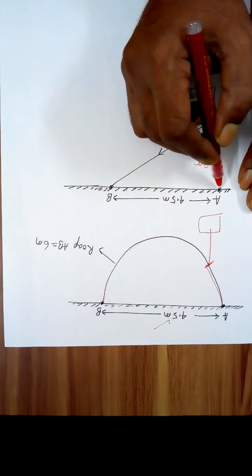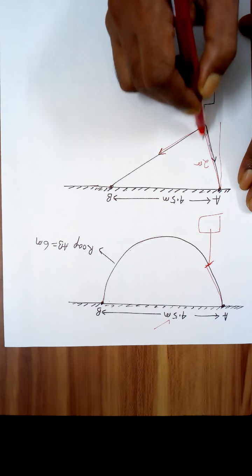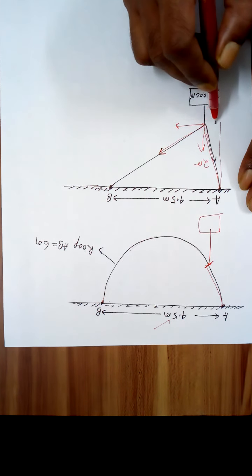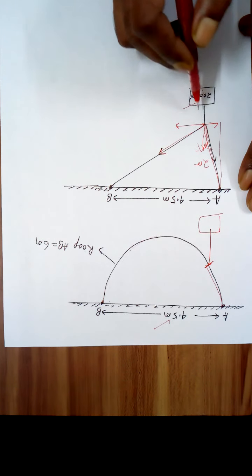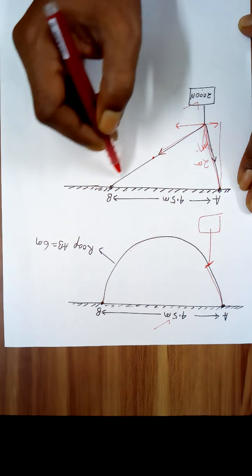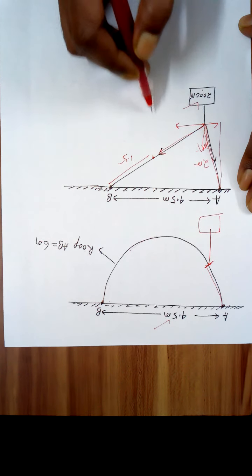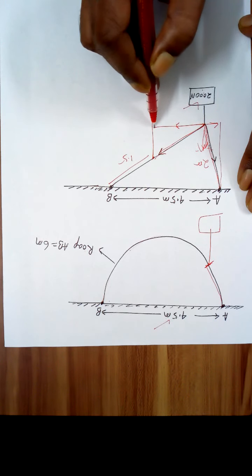This part will not be straight because there is some tension to this side, and here also some tension to this side. These two will balance this and these two will cancel each other, right? Now, when you put another load here, that is to be found out, 1.5 meter from this end, what should be the value so that this point pulls down and this part remains horizontal? That is the problem, right?